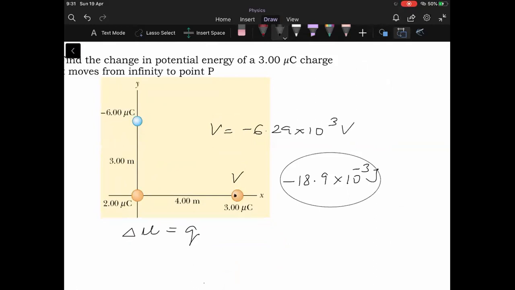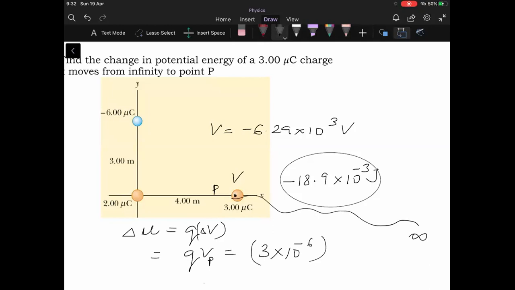Now if you multiply this charge with the potential difference delta V, you will get the change in potential energy. Now you brought this charge from infinity. So delta V will be equal to the potential of point P. आपका चार्ज का वैल्यू कितना है? 3 माइक्रोकूलम.